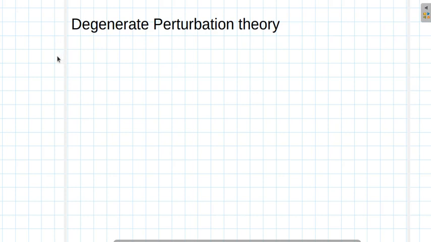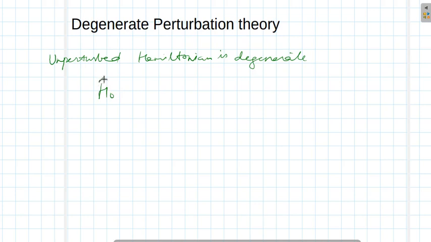So let us consider a case where the unperturbed Hamiltonian is degenerate, that is, H naught is the Hamiltonian and it is degenerate.